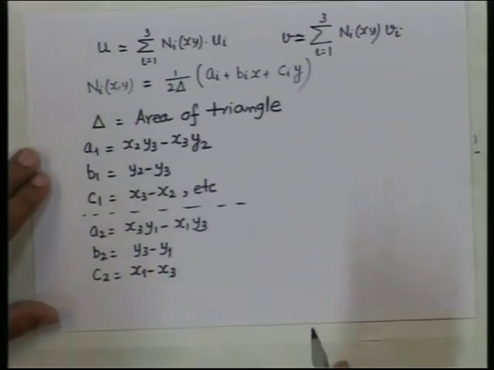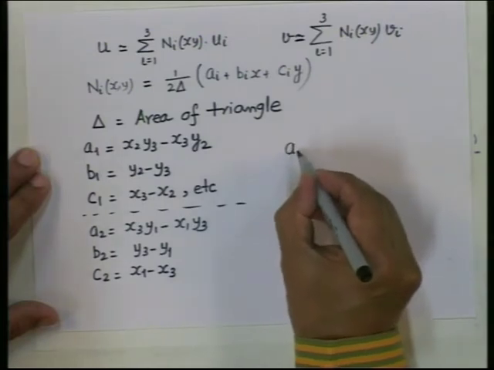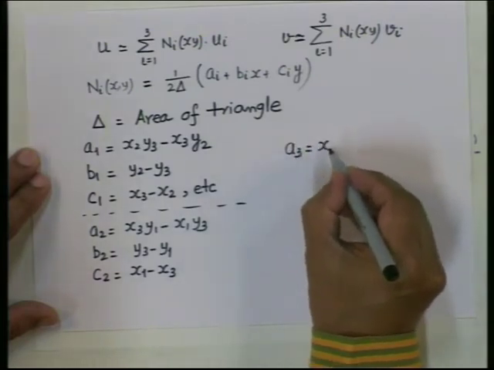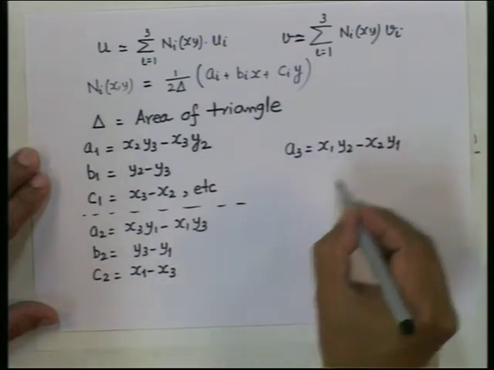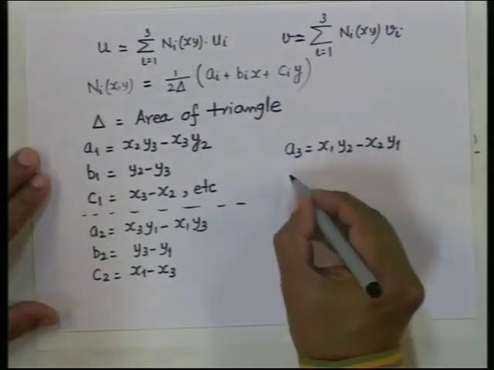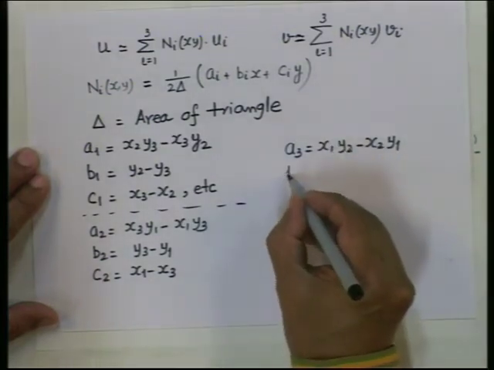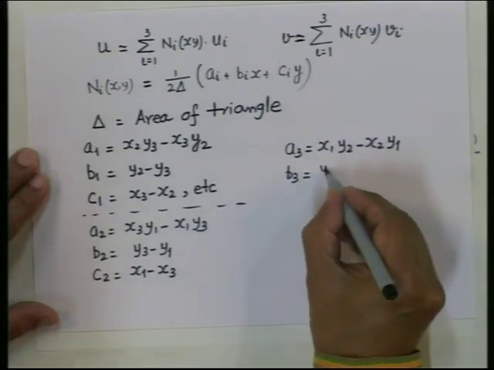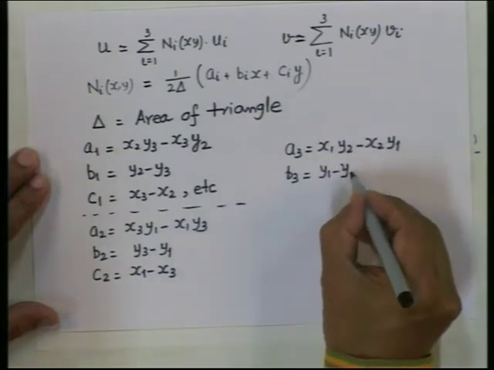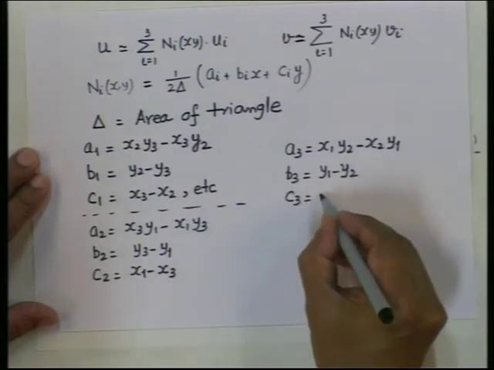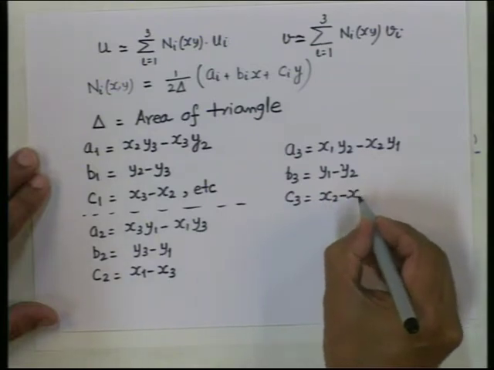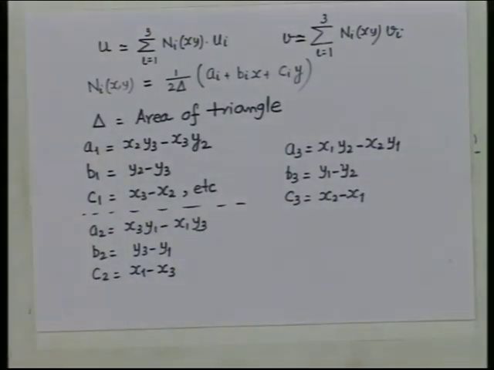And A3, B3, C3 likewise. I am just writing out whatever we derived last time in compact form, nothing else, because ultimately you have to write all this in a computer program. So these are A1, B1, C1, A2, B2, C2, A3, B3, C3.